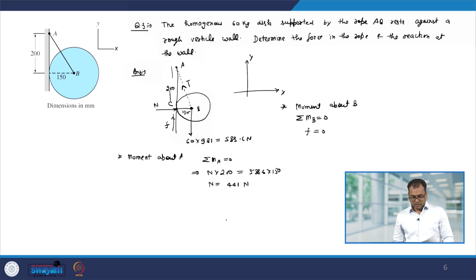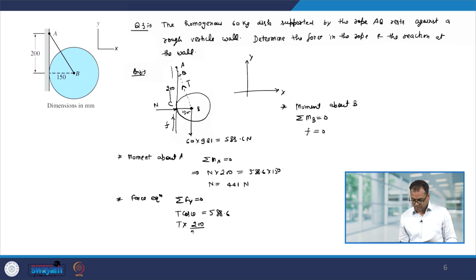Now, to determine T, let us use the force equation. Summation Fy equal to 0. So, it will be T cos theta, where theta is this angle, equal to 588.6. T into cos theta will be 200 divided by 250, because this arm will be square root of 200 square plus 150 square, which is 250.